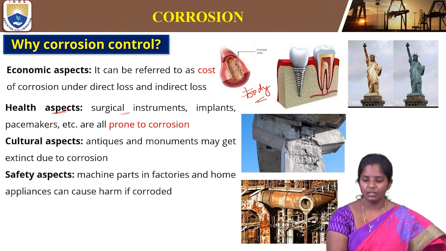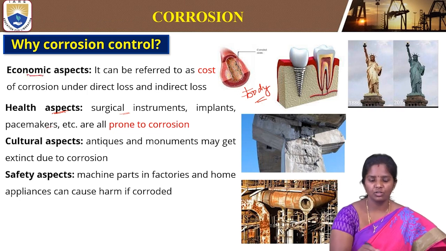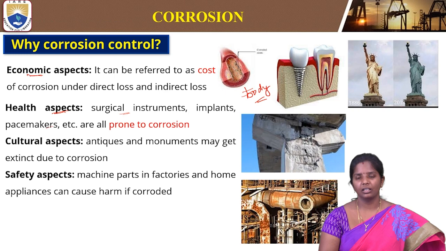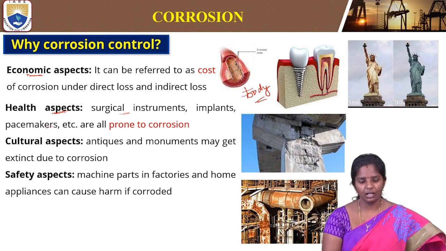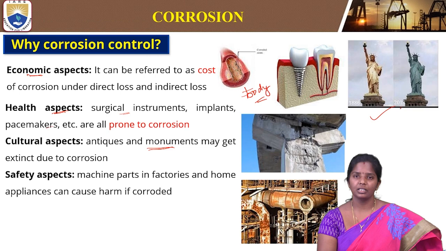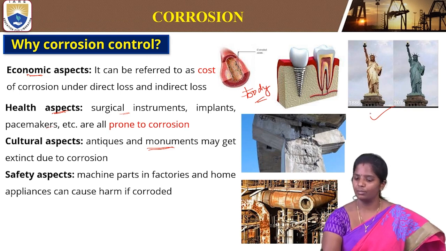Ultimately this will also affect economic aspects, because we are investing money in implanting metals in the human body or in other industrial applications. Other examples are monuments. For example, the Statue of Liberty, which was brownish, turned greenish due to an oxidation reaction, which is nothing but corrosion.